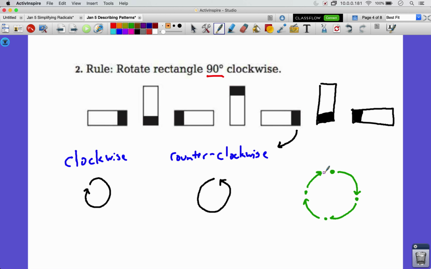So what would these different rotations be? So if you rotate around just a quarter of a circle, well, that's 90 degrees. If you rotate around a half of a circle, that's 180 degrees. If you go 3/4 of the way around, that's 270 degrees. And if you make a full loop, that is 360 degrees.